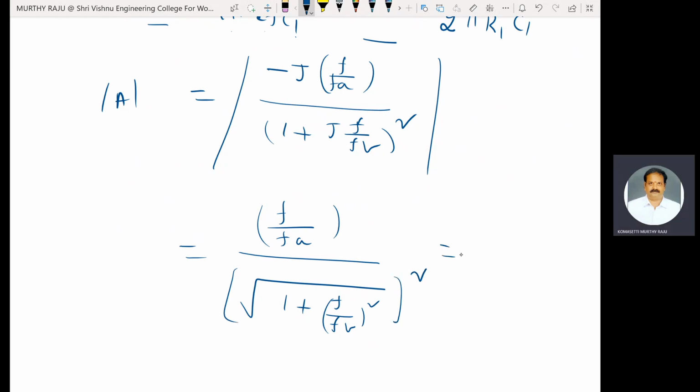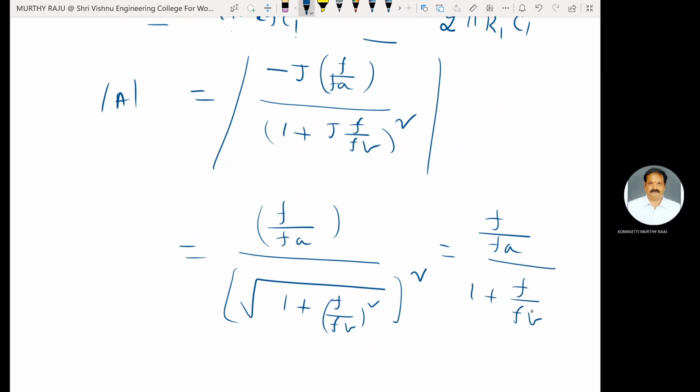Therefore, finally, mod A is equal to F by FA by 1 plus F by FB whole square.